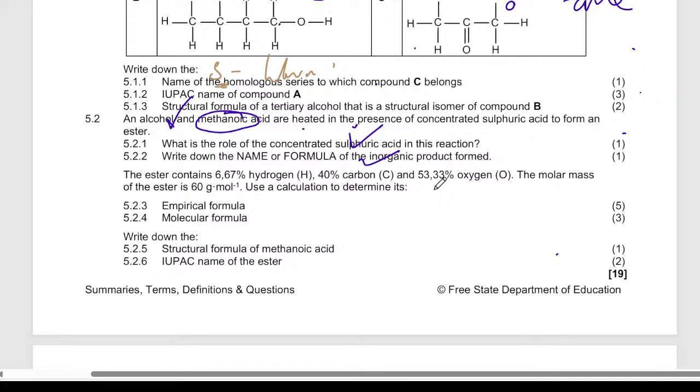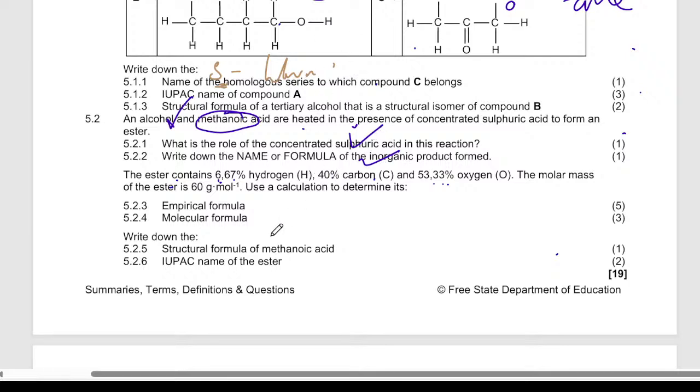Then we go to the next question. They say an ester contains 6.67% hydrogen, 40% carbon and 53.33% oxygen. Okay, do I have a calculator here? All right, let's do it.